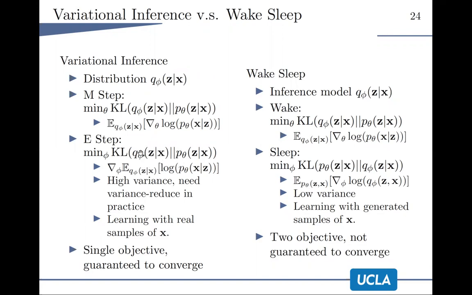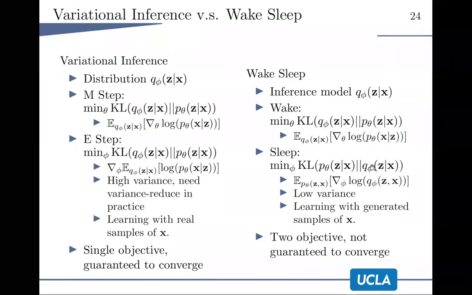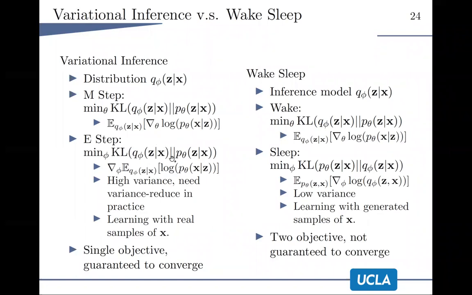It was measuring KL divergence from Q to P, but this time it changed to from P to Q. This change is what we just called a reversed KL divergence. This time we are measuring something different, which has a lower variance, and learn with generated samples of X in the sleep phase.